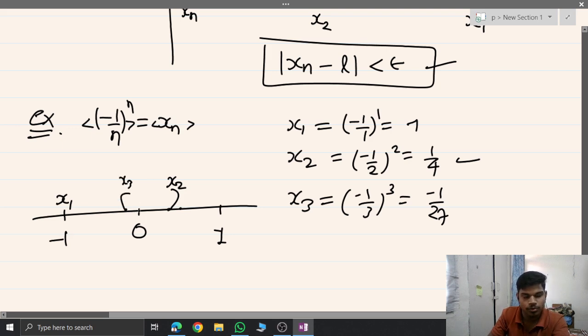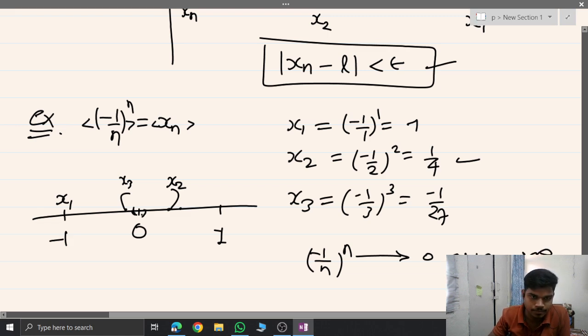And when you move towards more terms, x100, x1000, x1 lakh, your sequence is going towards 0. So you can say that minus 1 to the power n by n to the power n goes to 0 as n tends to infinity.